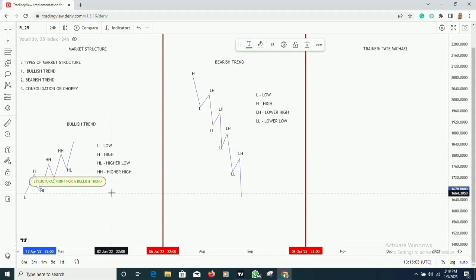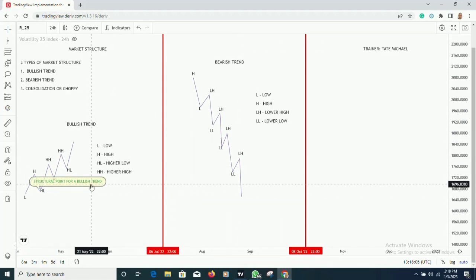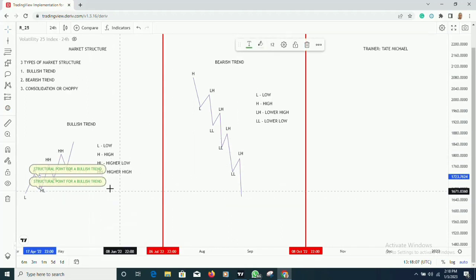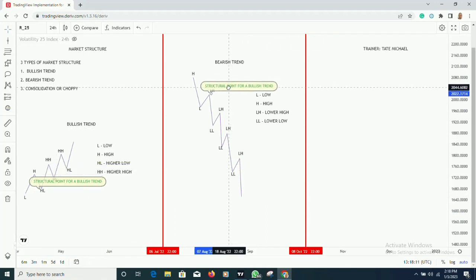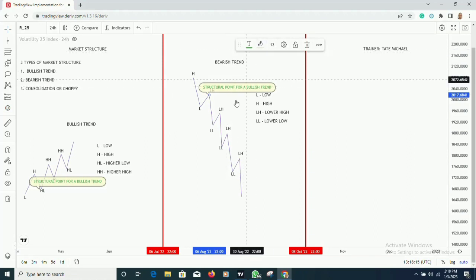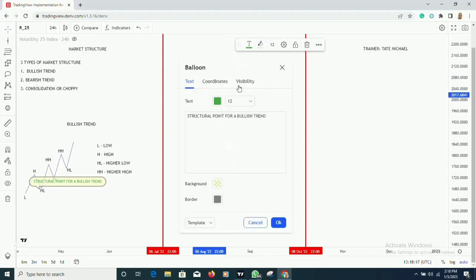Okay, so here is the structural point for a bearish trend. Please, very important.